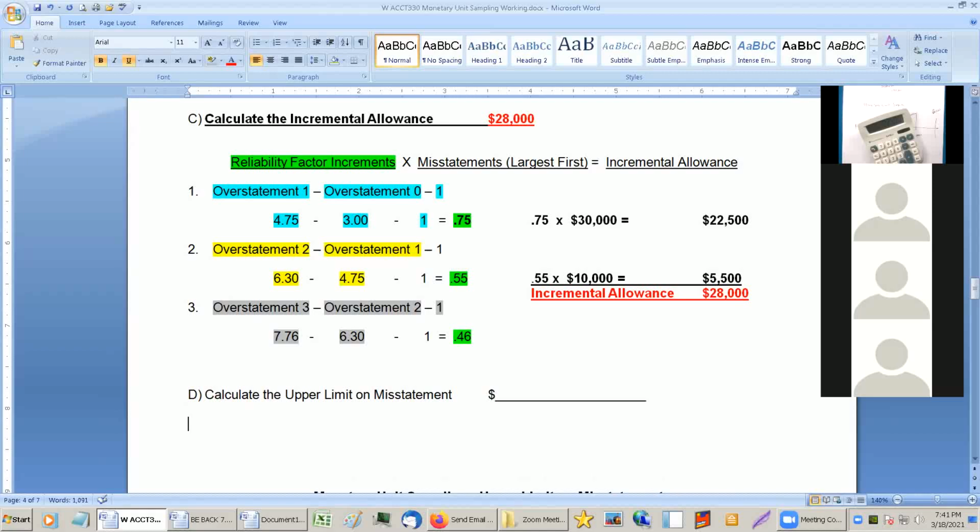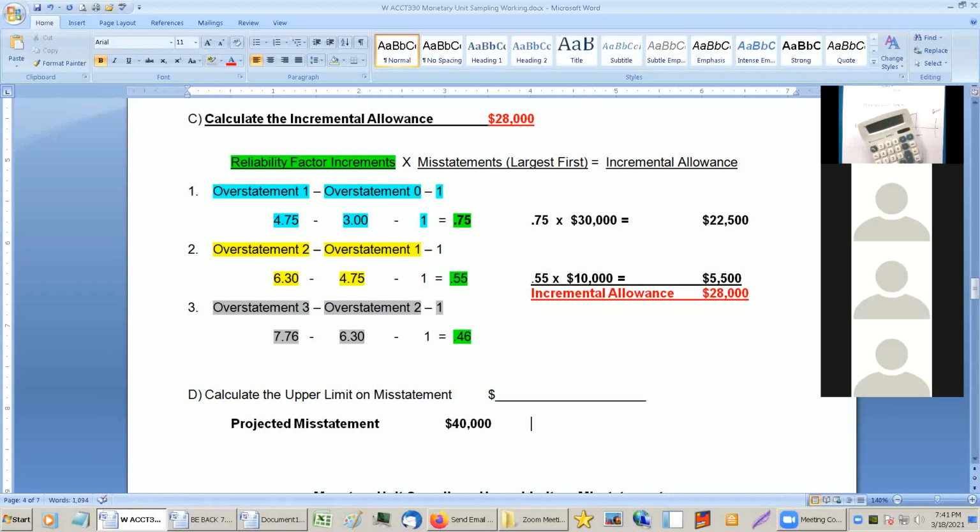So it's going to be our projected misstatement, which was 40,000.